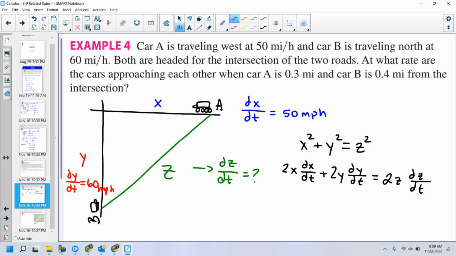Again, think about it: rate of change in terms of time, right? There's no time in here, so I'm not just going to straight up find the derivative. I've got to use implicit differentiation for all three of these variables.